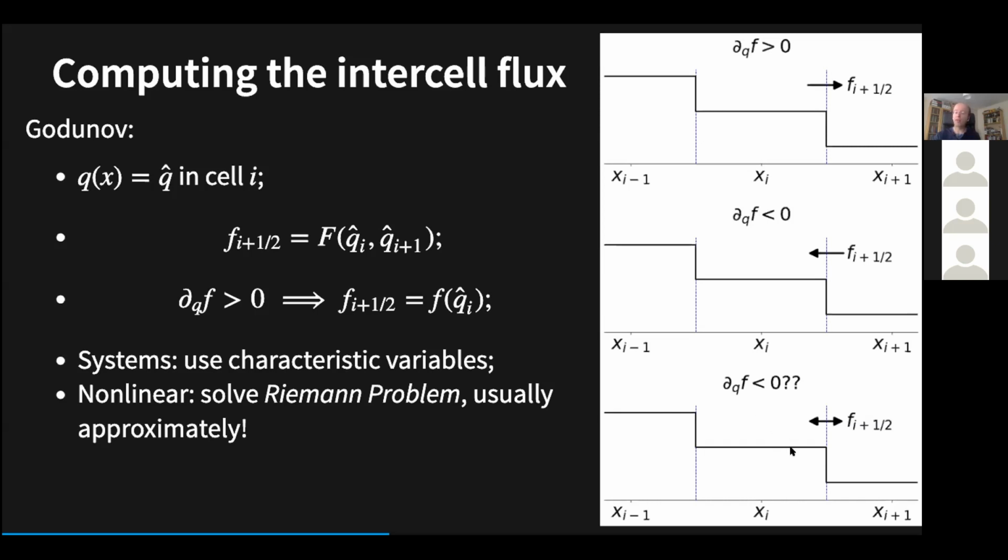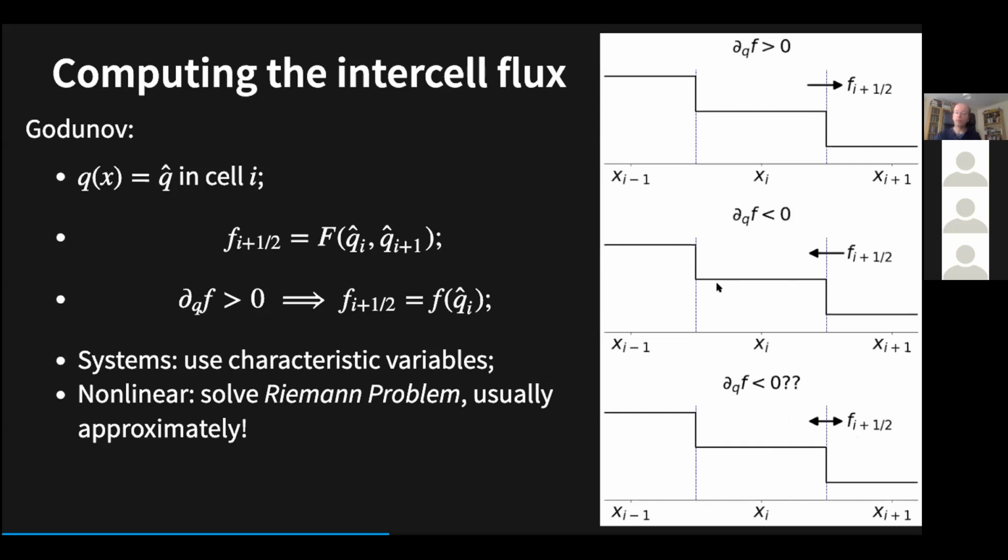If the data on both sides of the interface lead to characteristic speeds that change across the interface, then it's harder to compute exactly what the correct solution is. In this nonlinear case, we're going to have to solve that Riemann problem, and we're usually going to have to do that approximately.